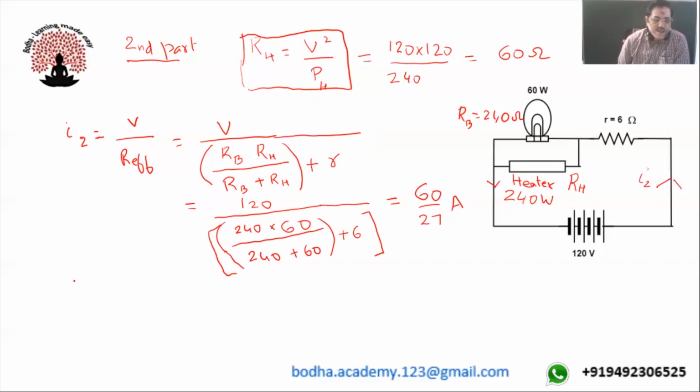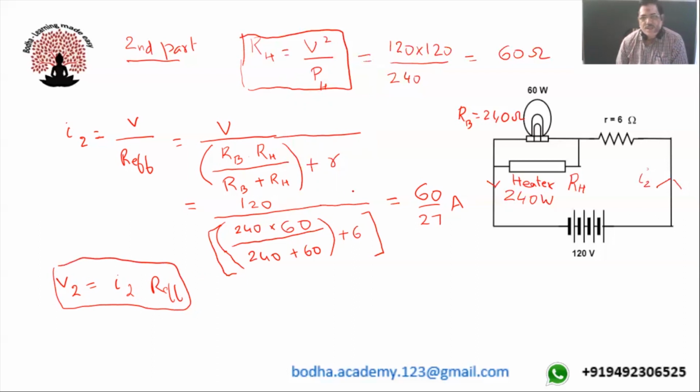Now we want the voltage across the bulb in this case. So again I'll apply Ohm's law. Voltage is equal to I2 into R effective. Here the bulb and heater are connected in parallel. In a parallel combination, the potential difference is the same. So the voltage across the bulb and the voltage across the heater will be one and the same.